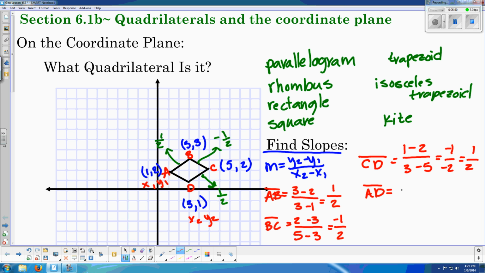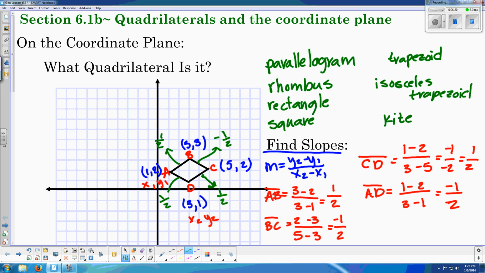So I have y2, which is 1, minus y1, which is 2, divided by x2, which is 3, minus 1. So I have 1 minus 2, which is negative 1, and 3 minus 1 is 2, sorry. So my slope for this piece here is going to be 1/2.